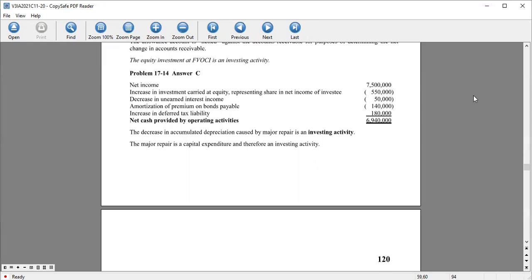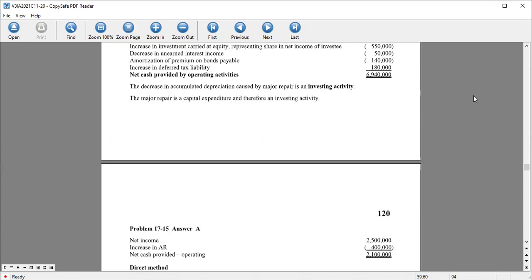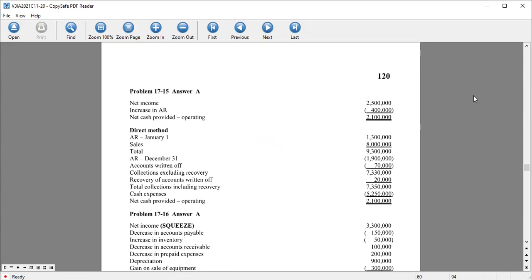So we have now the net cash provided by operating activities in number 14. And we have the notes at the bottom in order to support or give the reasons why some items were excluded. Then we go to number 15. What amount should be reported as net cash provided by operating activities?